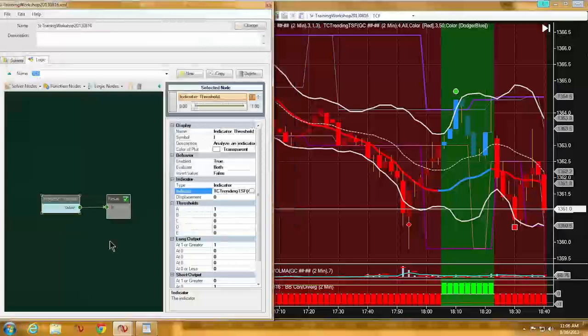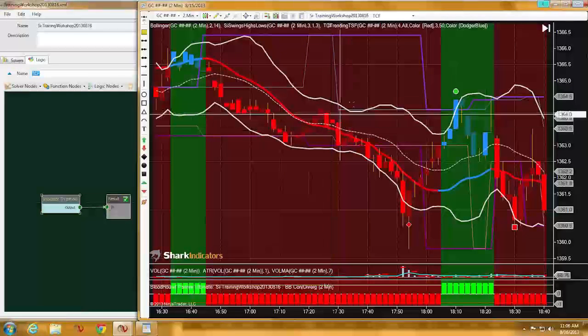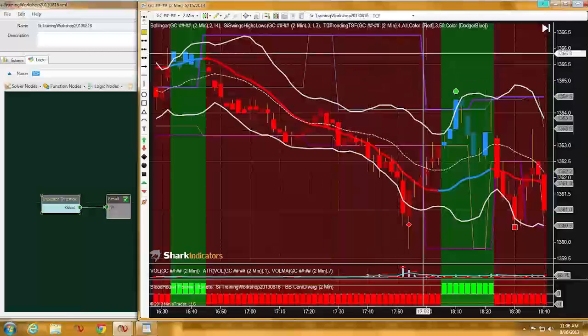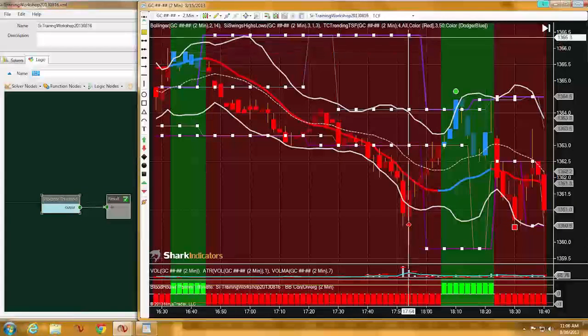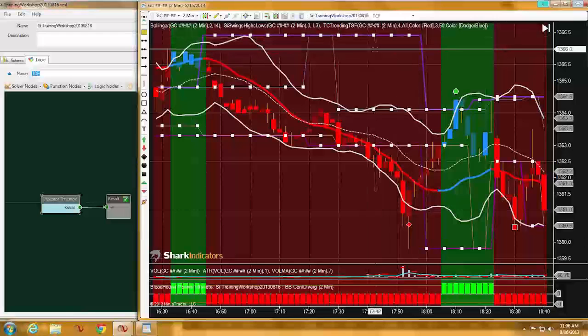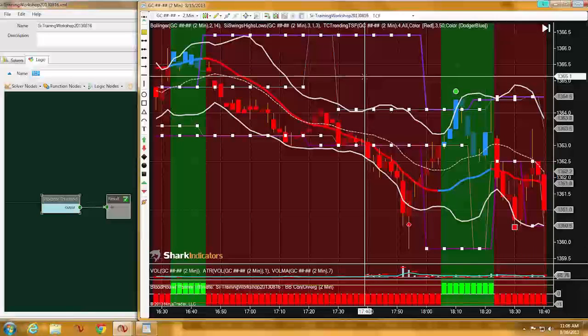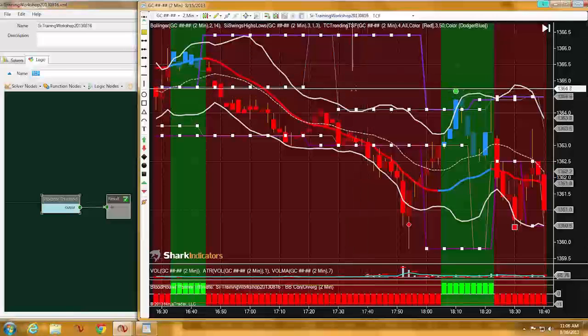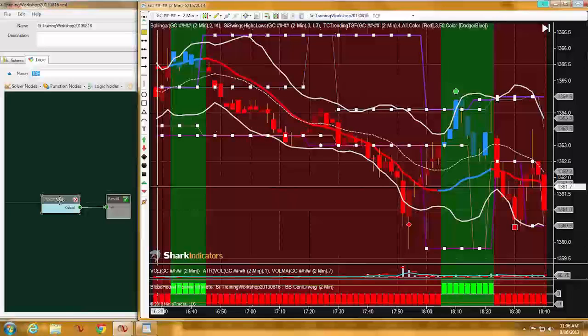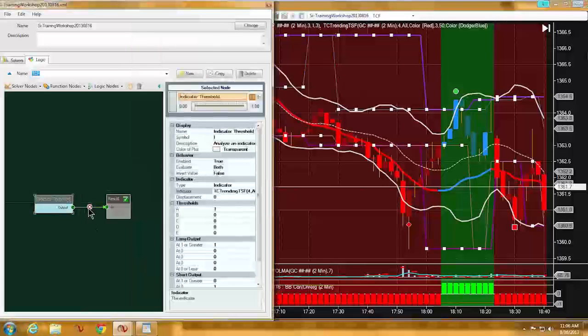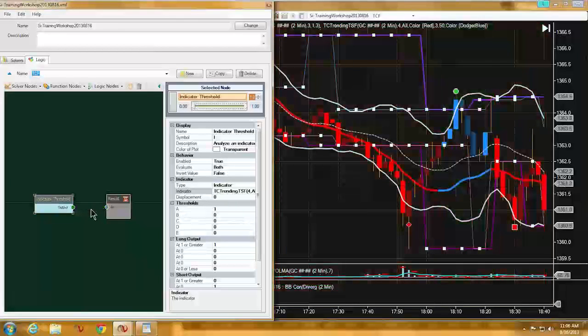But going back to Daniel's original question, trying to use the swings high-low indicator to identify patterns would probably be an interesting demonstration of logic for BloodHound. So I'm going to disconnect that there.